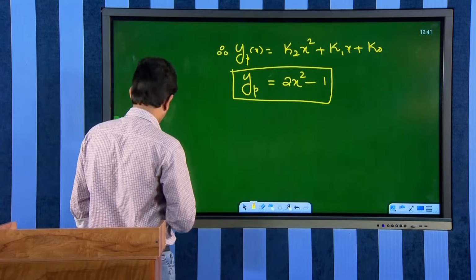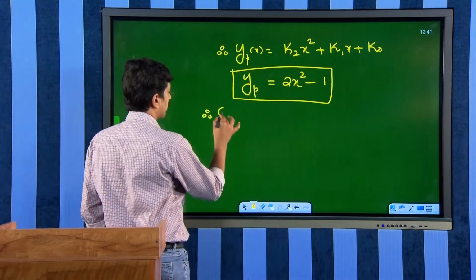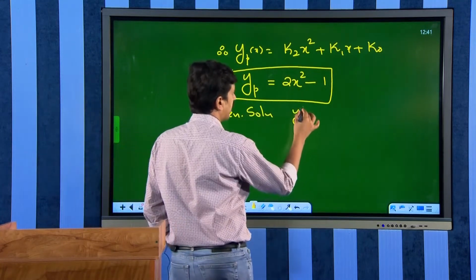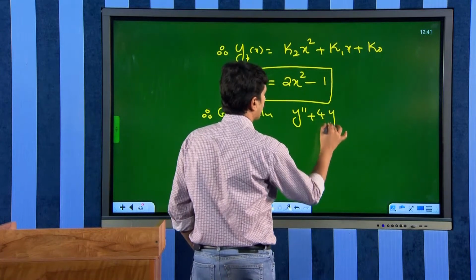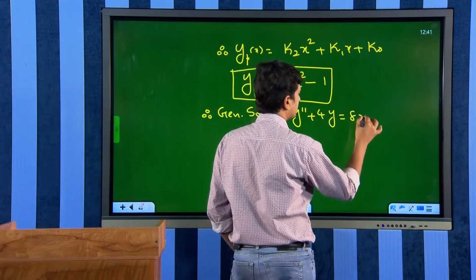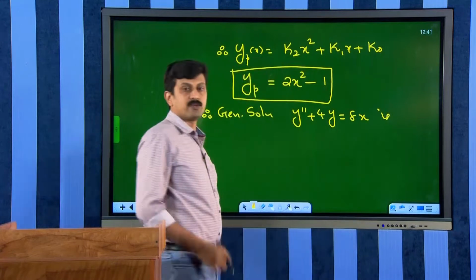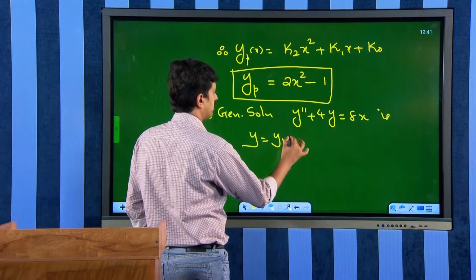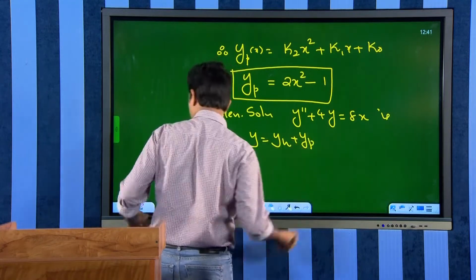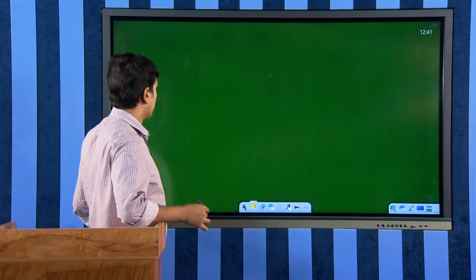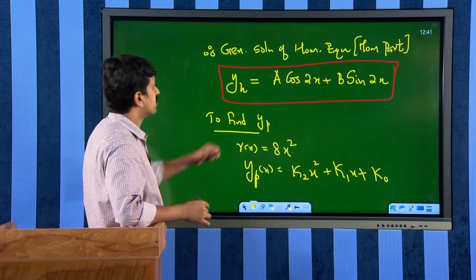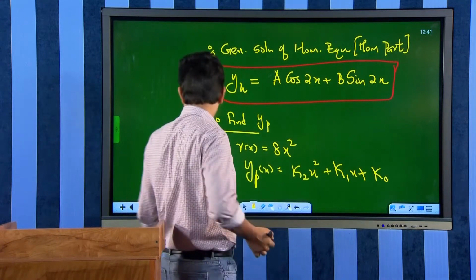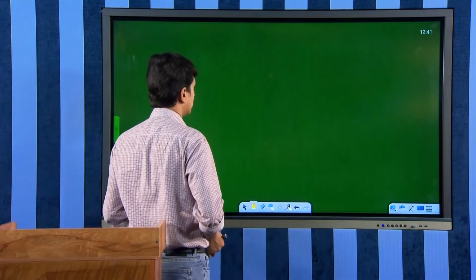Therefore, the general solution of y double dash plus 4y is equal to 8x square is y equal to yh plus yp. We have yh is equal to a cos 2x plus b sin 2x.